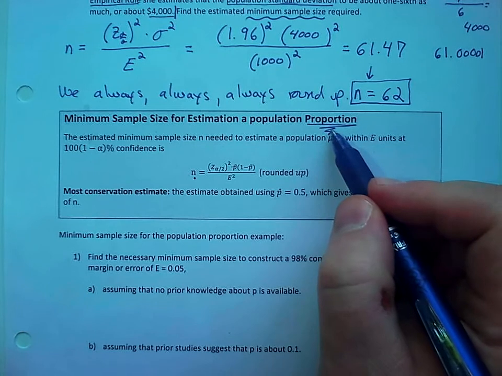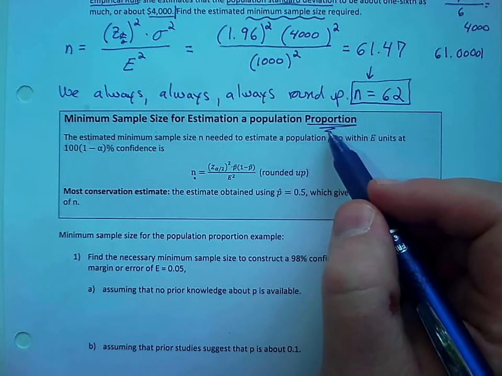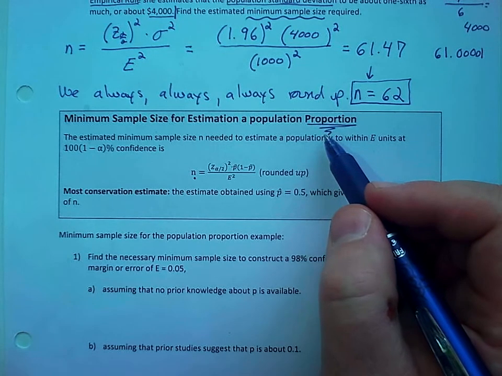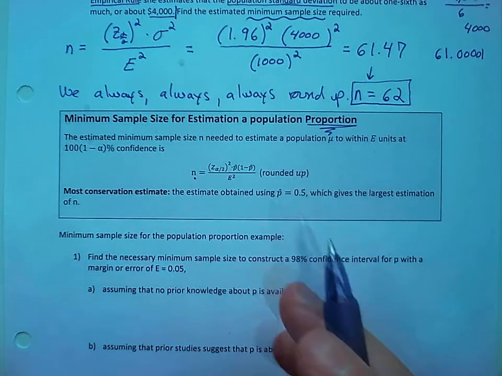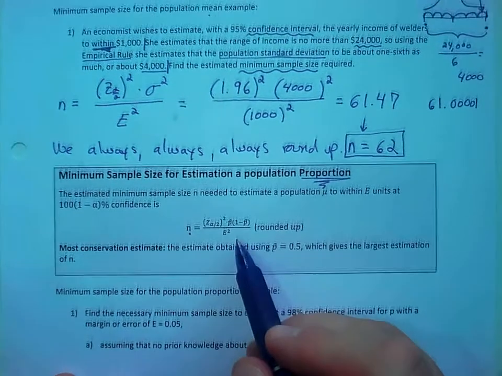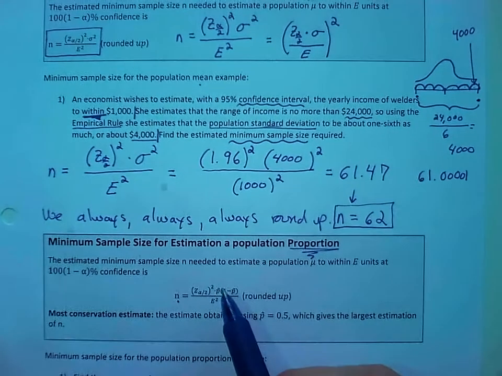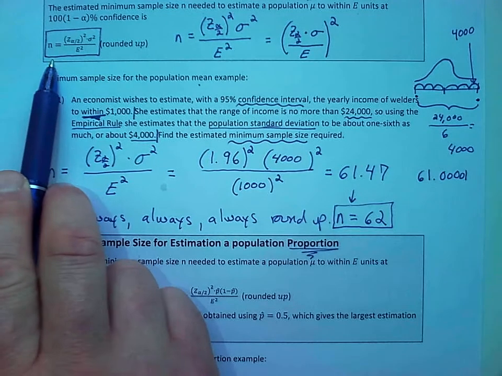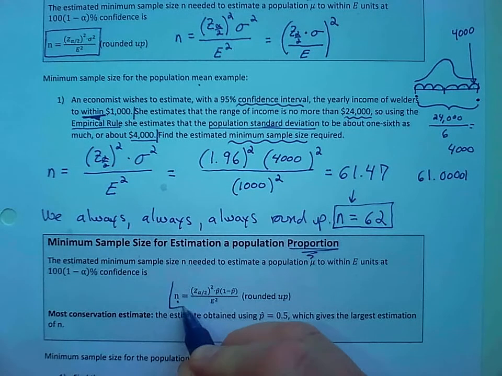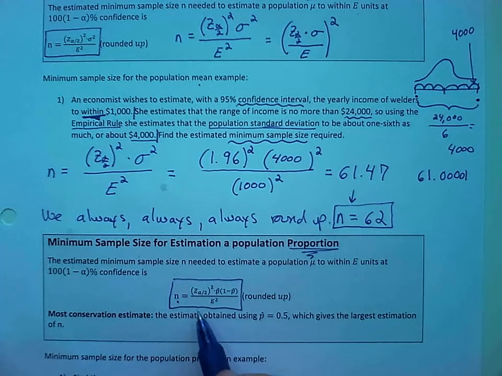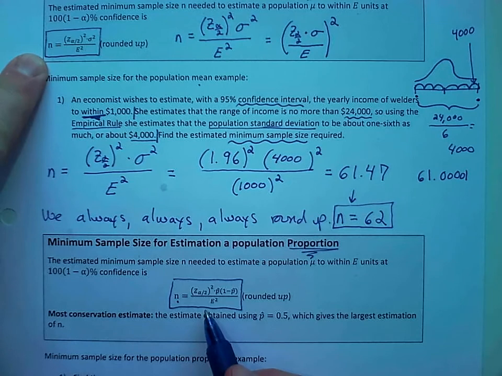But this is whenever we're dealing with our population proportion P instead of our population mean mu. If you compare this formula to the one that we were using above, that I put in a box, you can see that it's mostly the same. What we have here is this.